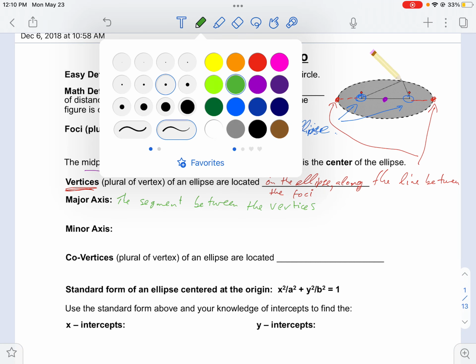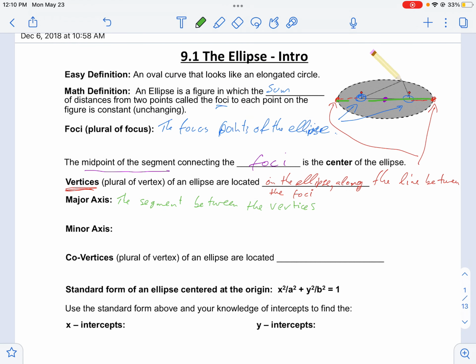I'm just going to make it a little bit thicker, this distance right there. So in our case, this distance, and then the minor axis is going to be this distance right here.